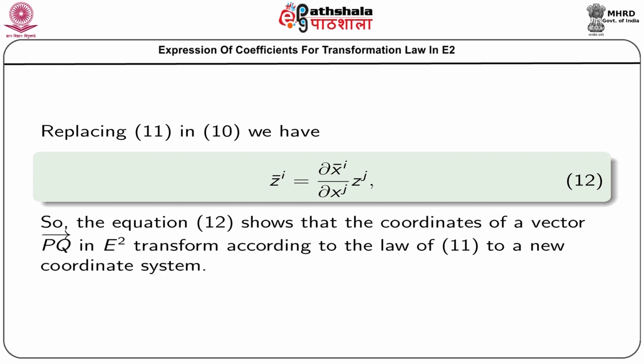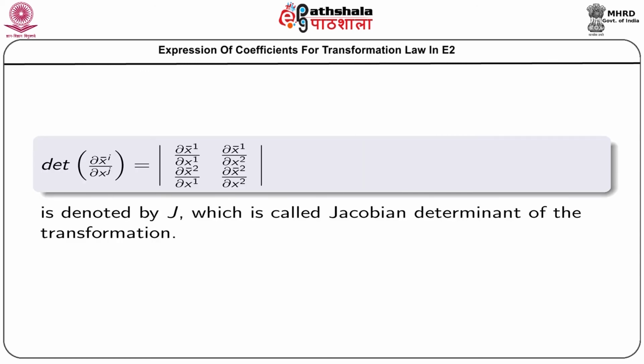So, equation 12 shows that the coordinates of a vector PQ in E2 transform according to the law of 11 to a new coordinate system, where this ∂x̄^i/∂x^j is given by the determinant of ∂x̄1/∂x1, ∂x̄1/∂x2, ∂x̄2/∂x1, ∂x̄2/∂x2, and it is denoted by J, which is called the Jacobian of the transformation.